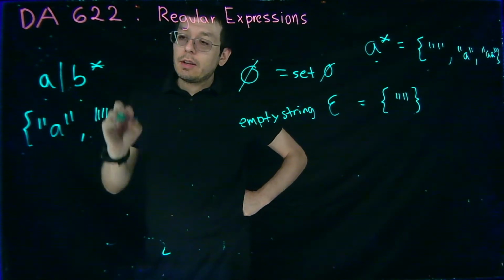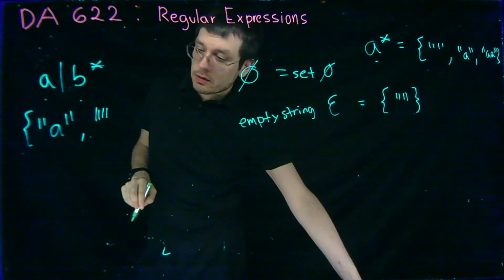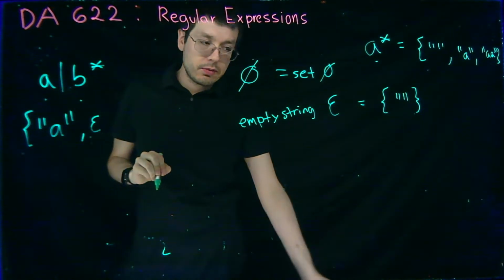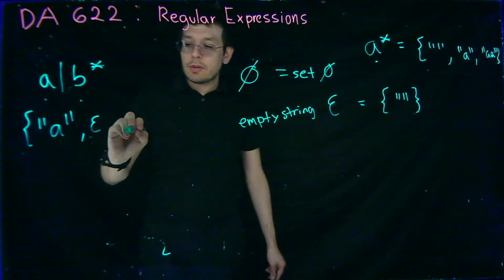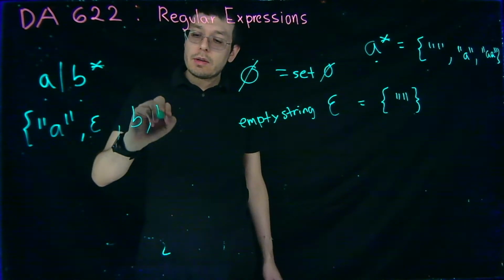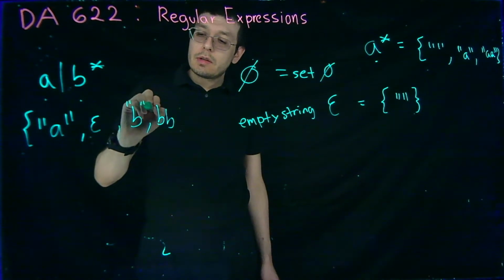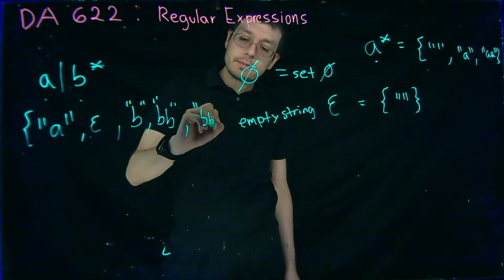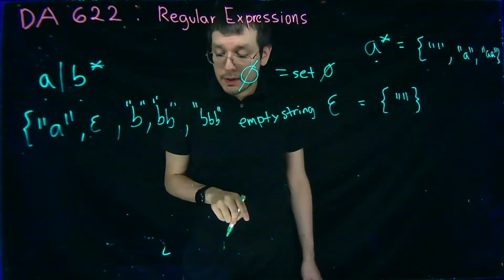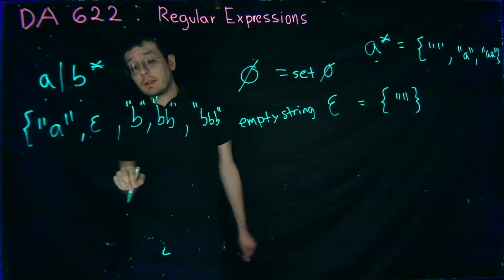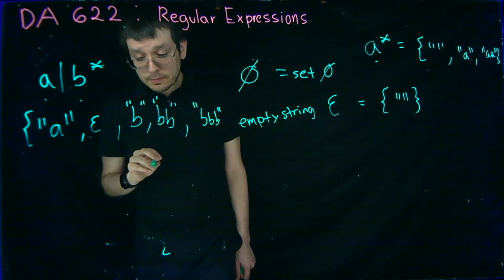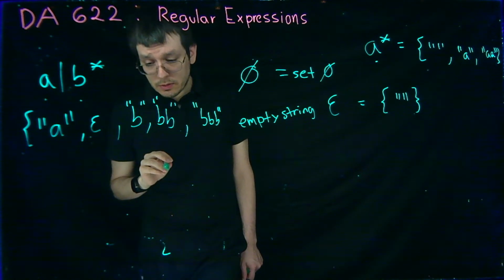I can write it like this, or I can use this symbol instead. So let me just go ahead and use that symbol just for sake of differences, not to get confused. And then you can also have one B in there, two B's, and so on. Okay? This should all be quoted. All the way to infinity. So technically, this set is infinite in terms of members. Okay? So yeah, that's cool.